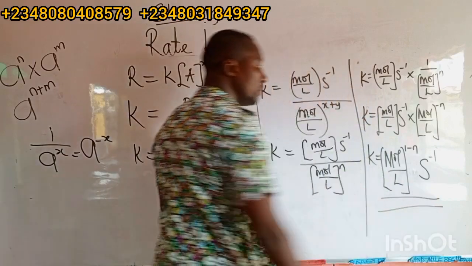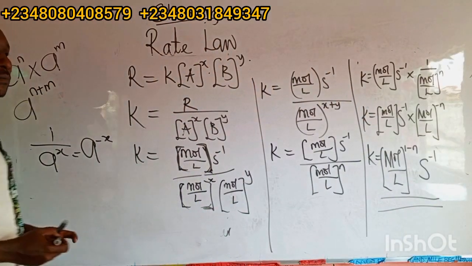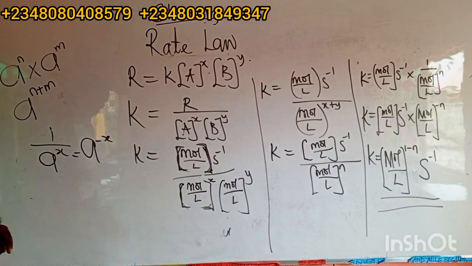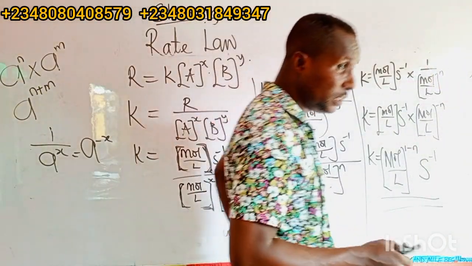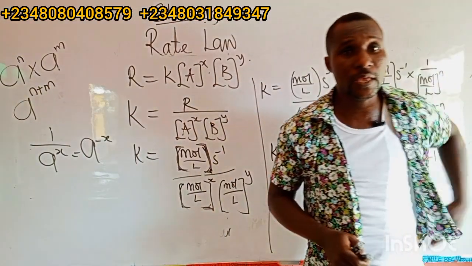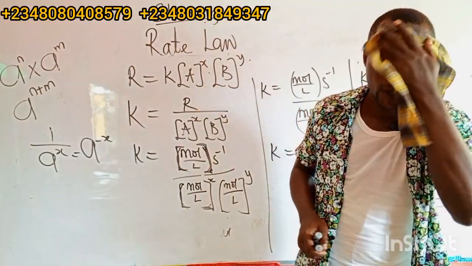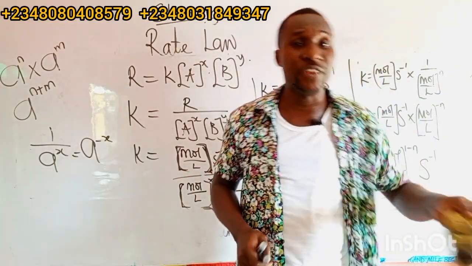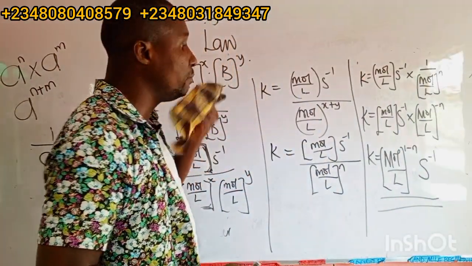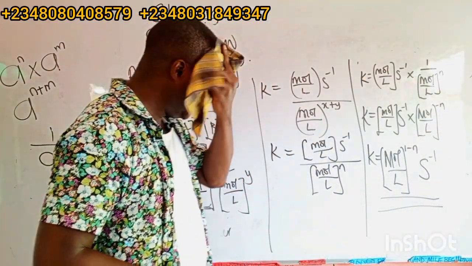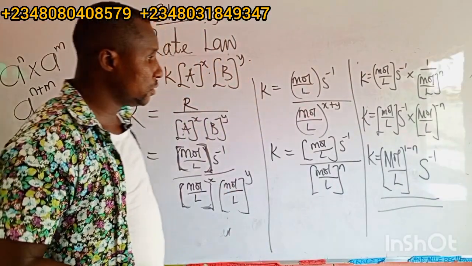Take note of this. Please, you can pause the video and write it out. That's the formula to determine the unit of K, and we can also use this formula to determine the order of reaction. Take note of that.